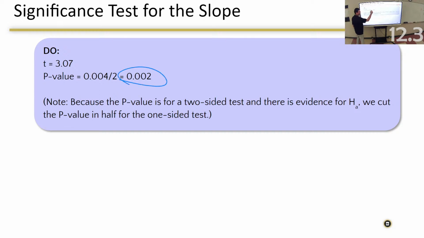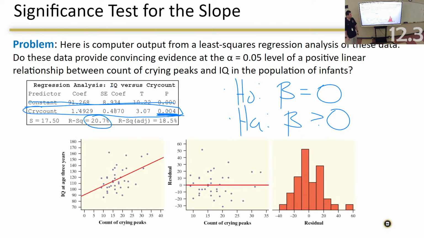That's why they had to cut that value in half. That's still the T critical value, but the P value is for a two-sided test. There is evidence for Ha, but we cut the p-value in half for a one-sided test. So just make sure you remember that, okay? This is always the p-value for a two-tailed test. So if we're only doing a one-tailed test, we need to cut that in half.